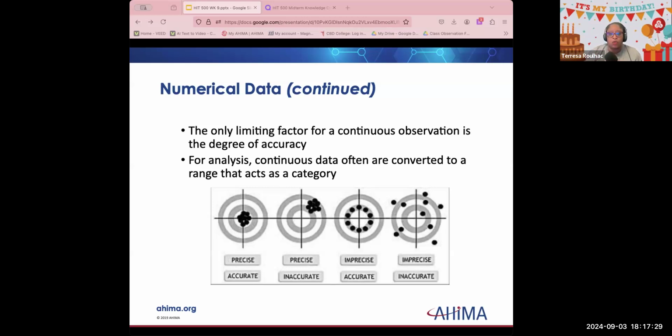So it's important to be aware of these limitations when relying on continuous observation for analysis or any type of decision making. Continuous data is analyzed by converting it into a range. Age, for example, can be categorized into ranges. Measurements on interval and ratio scales can be grouped. Interval and ratio variables are actually continuous.